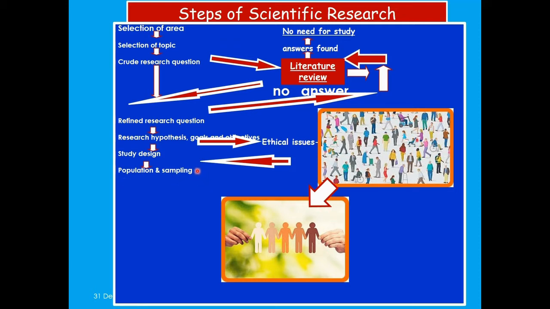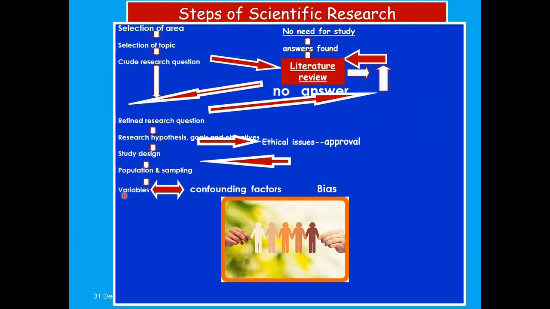Identify the various variables which you want to record during your clinical study, as primary variables as well as secondary variables. And we know that there may be many confounding factors interfering with the collection of variables; you must identify them, and you must also identify the possibility of various biases which may come during your clinical study.